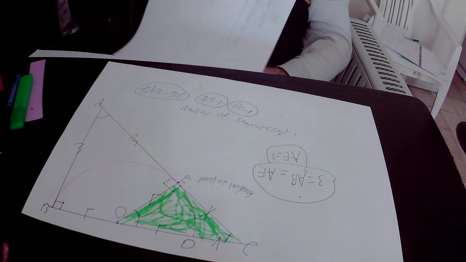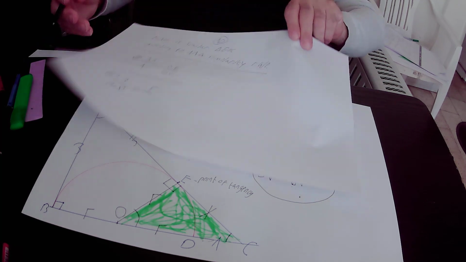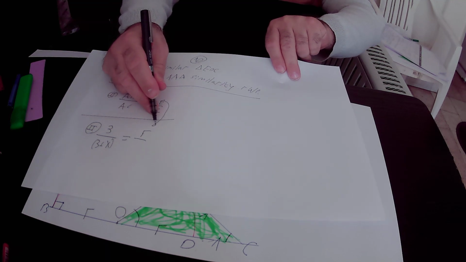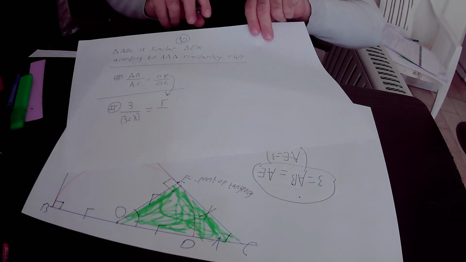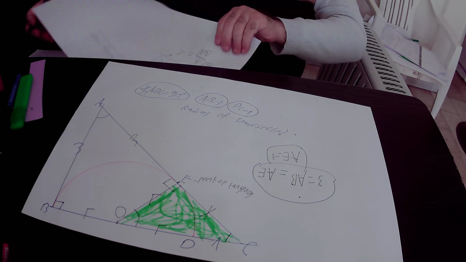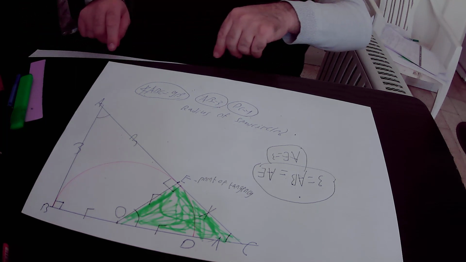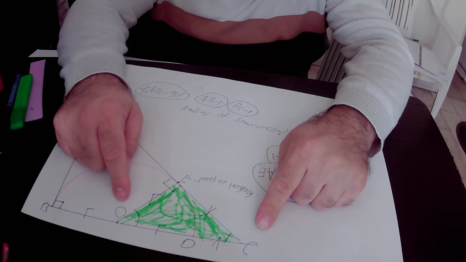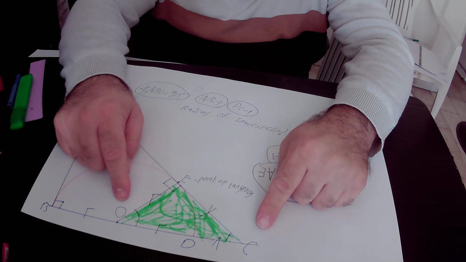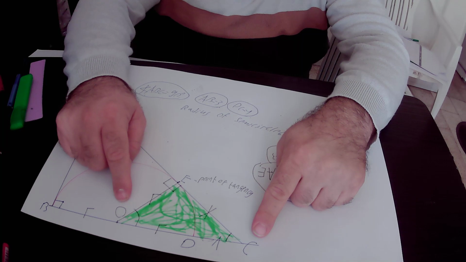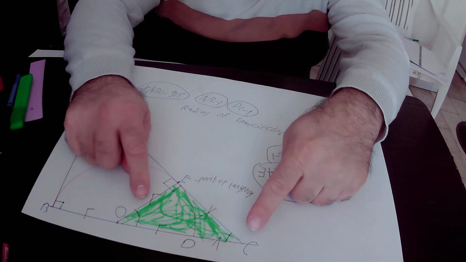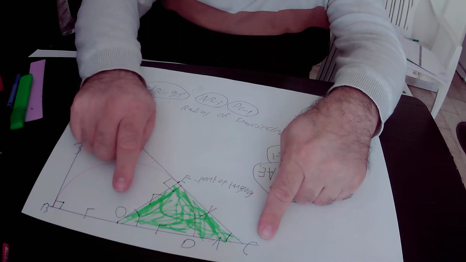And what is the value of OC? The value of side OC of the green triangle OEC, you can see from the drawing, equals R plus 1.